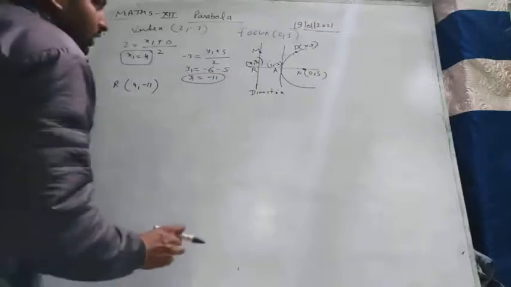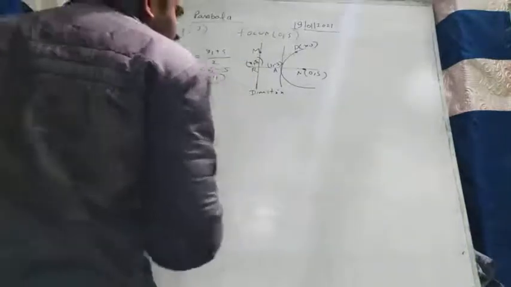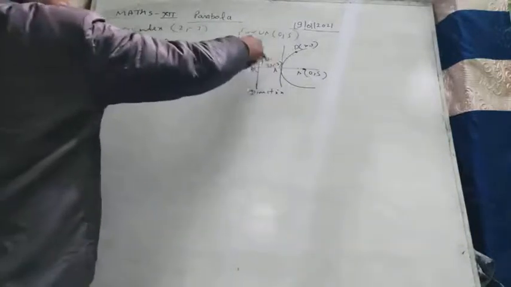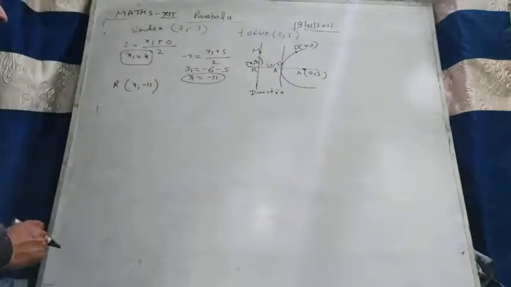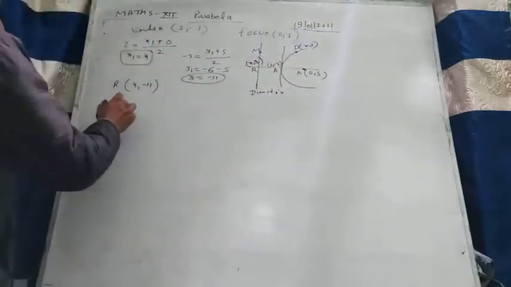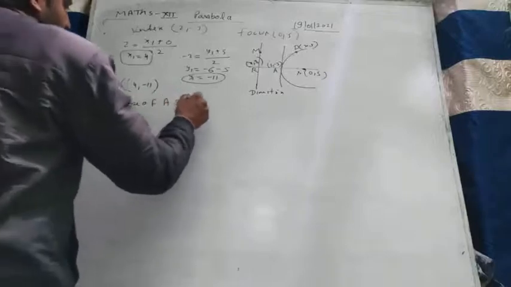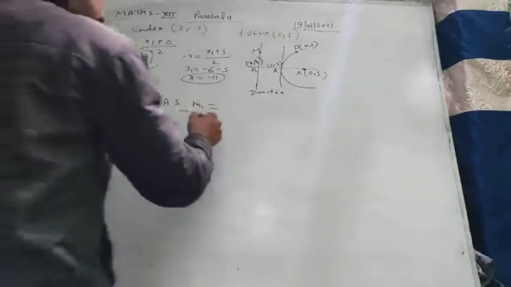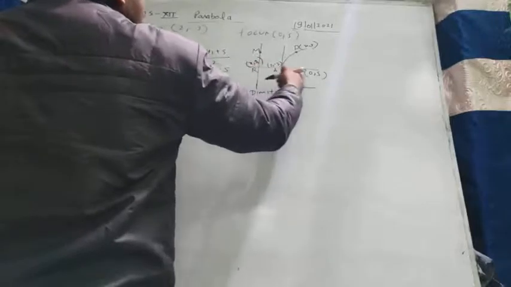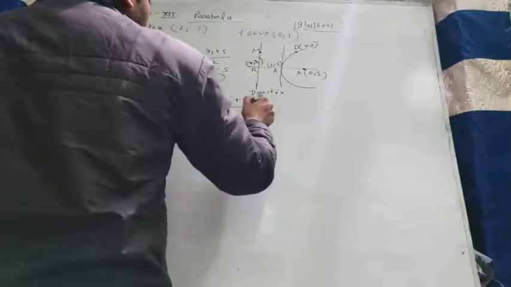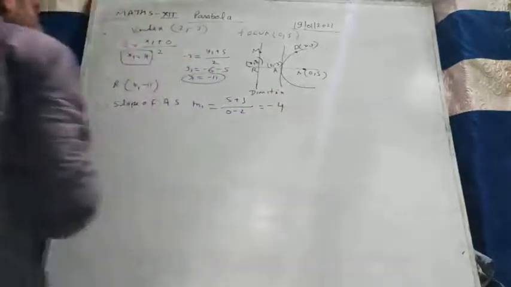Now we have to find the equation of directrix, student. To find the equation of parabola, first of all we will find the equation of this directrix. So for finding the equation of directrix, first we find the slope of this AS. So slope of AS is (y2 minus y1) by (x2 minus x1), which is (5 plus 3) by (0 minus 2). So this is minus 4, student.